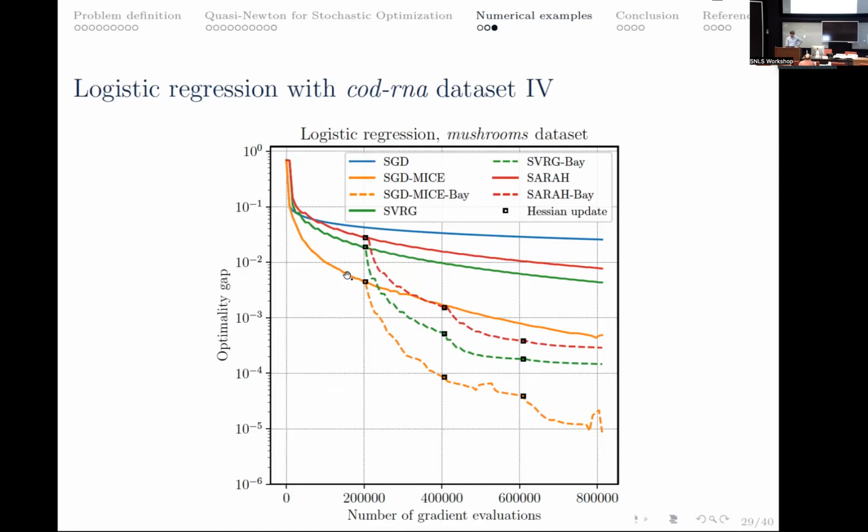And again, we observed that SGD with MICE is doing well, converging even, but still by using our preconditioner, we are able to get an edge of almost 2 orders of magnitude. And it's an even larger advantage if we look at SARA and SVRG.